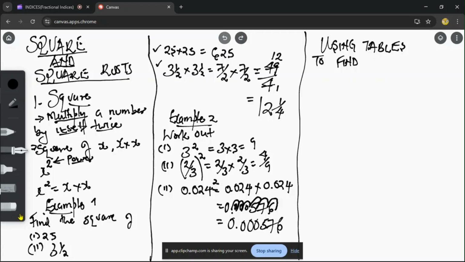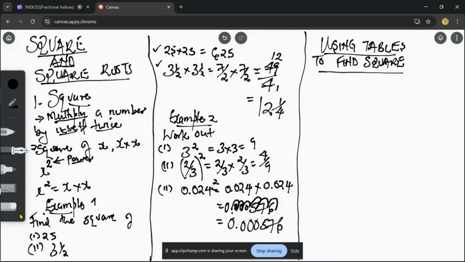I'm supposed to write the square of this using tables. And the same thing, we can try and find these numbers and find their squares. I can pick any number and see whether the answer will be the same. So this is another way of getting the square of numbers, but specifically I want us to learn how to use tables to find the square of numbers.